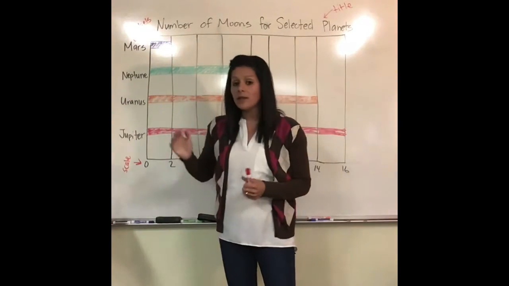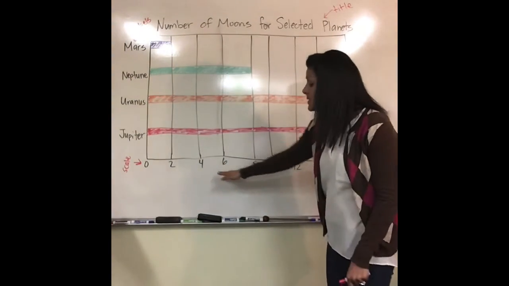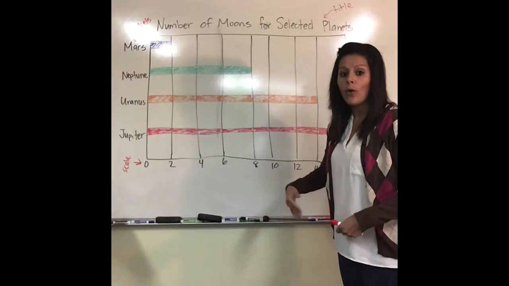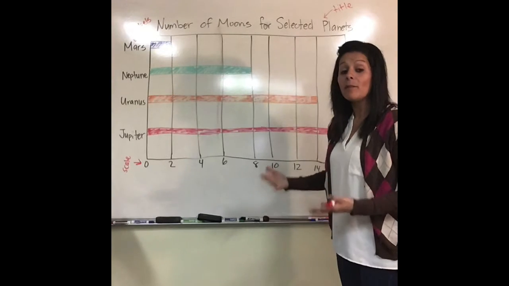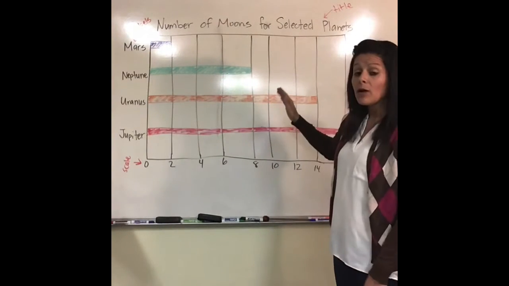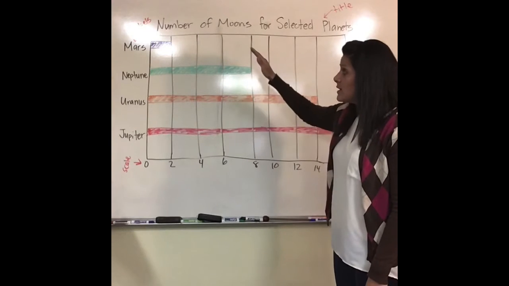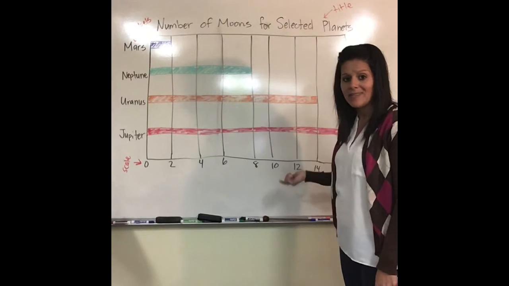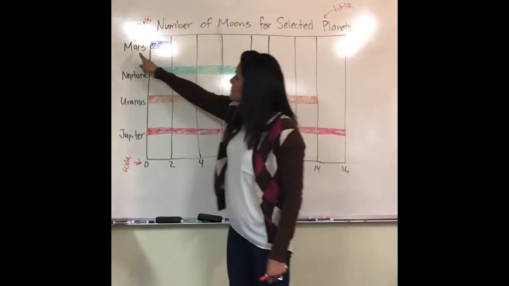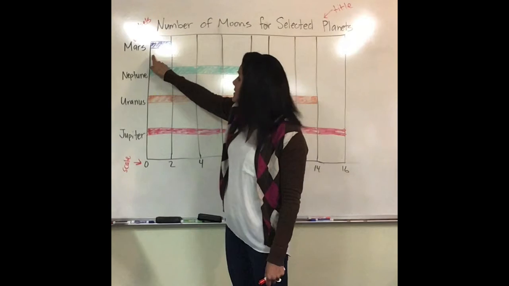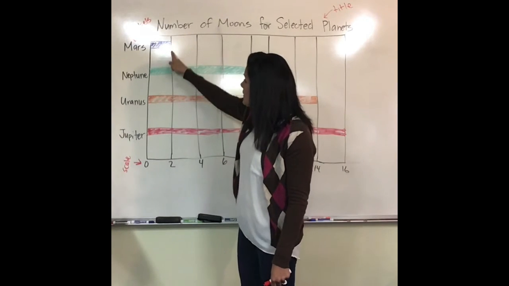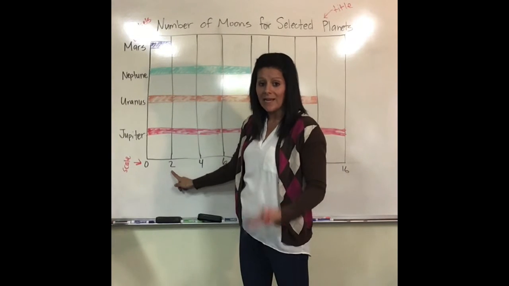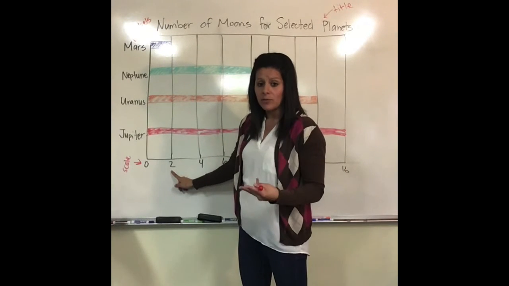So, in this graph, the scale is the amount of how many something has, or how many something has done, or whatever they're measuring. So in this graph, we have the planets and how many moons the planets they have picked have. So Mars, you can see it goes to the first line. If we go down to the scale, we can see that that means that this planet has 2 moons, okay?